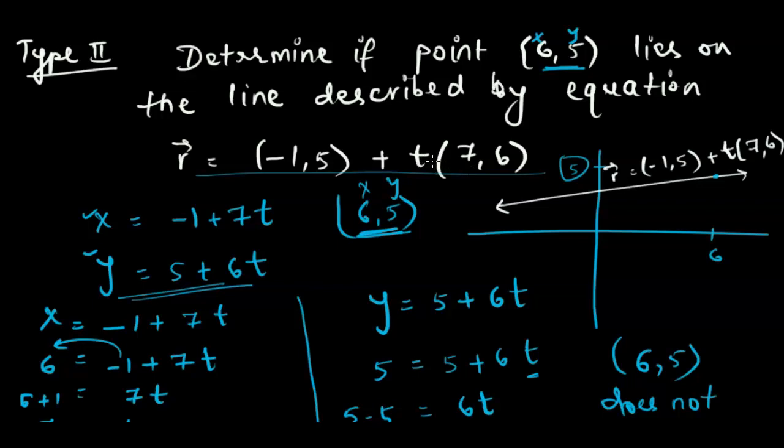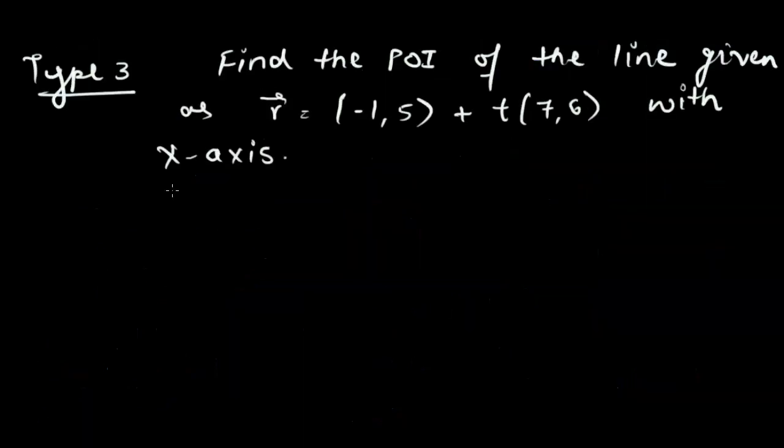We just have to solve for t values, and we can do that when we change the equation to parametric form. Similar t values means the point lies on the line. Different t values means the point does not lie on the line. Another type of question wants us to find the point of intersection of the line given as r with the x-axis.